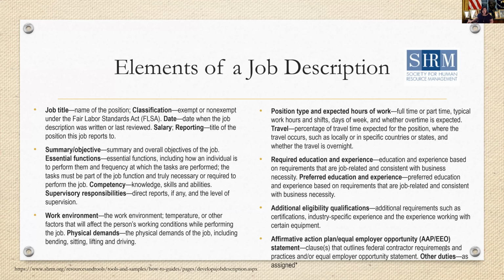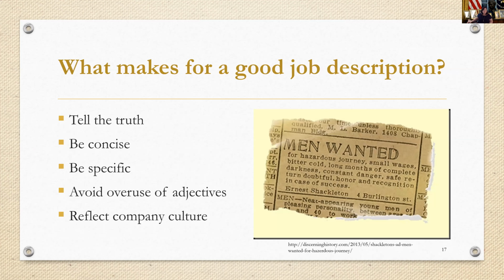All right. So in general, what makes for a good job description? Well, one, you tell the truth. So if an organization is asking for something, they need to be able to explain it. Be concise. So often what happens is that they're cutting and pasting from many different job descriptions.